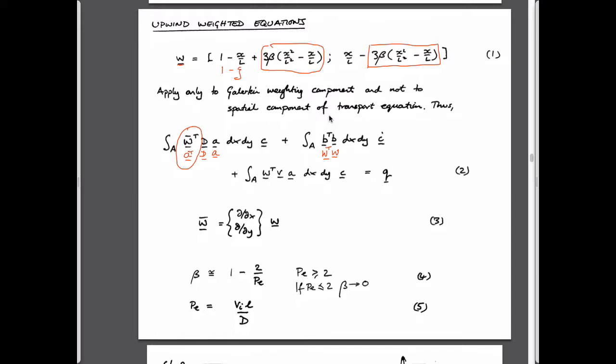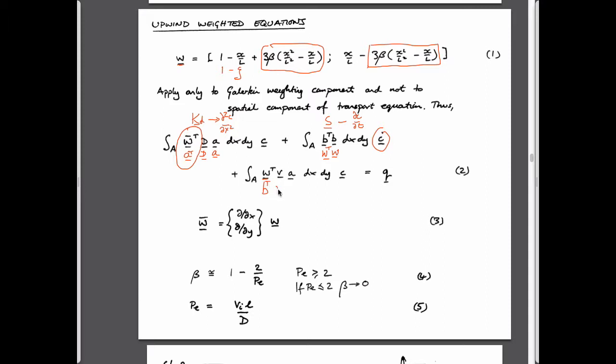So this is our storage matrix that we've talked about before. This is our diffusive or dispersive matrix, the second order term. This is our zeroth order term. This operates on dc dt, right? And the advective component here, this was our shape function before.